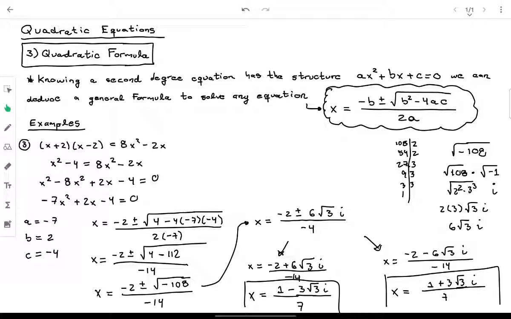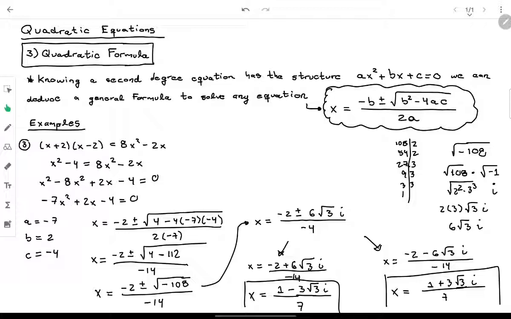Of course, if we think about the graph of this specific equation, it won't touch the x-axis because the answers for x are imaginary. So in this case, why? Because the discriminant, I'm sorry, not the determinant, the discriminant, that is the inside part of the root, is smaller than 0.